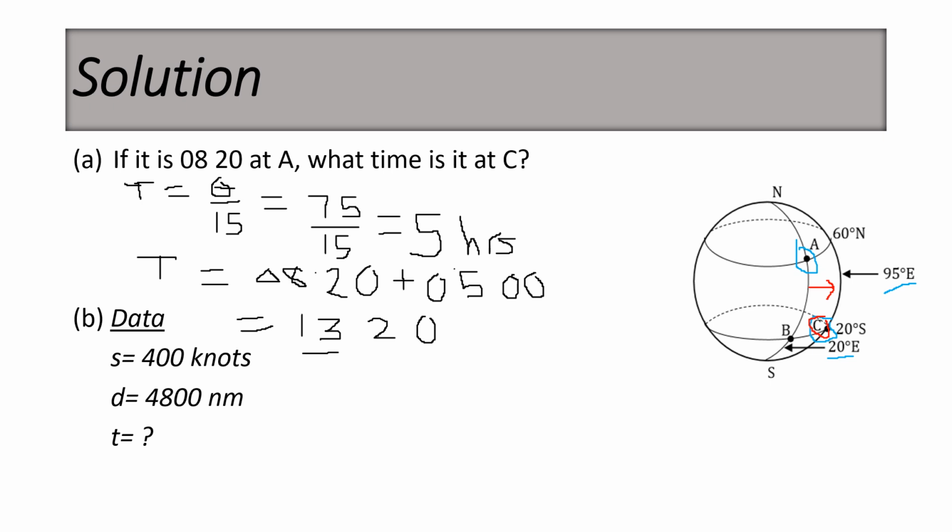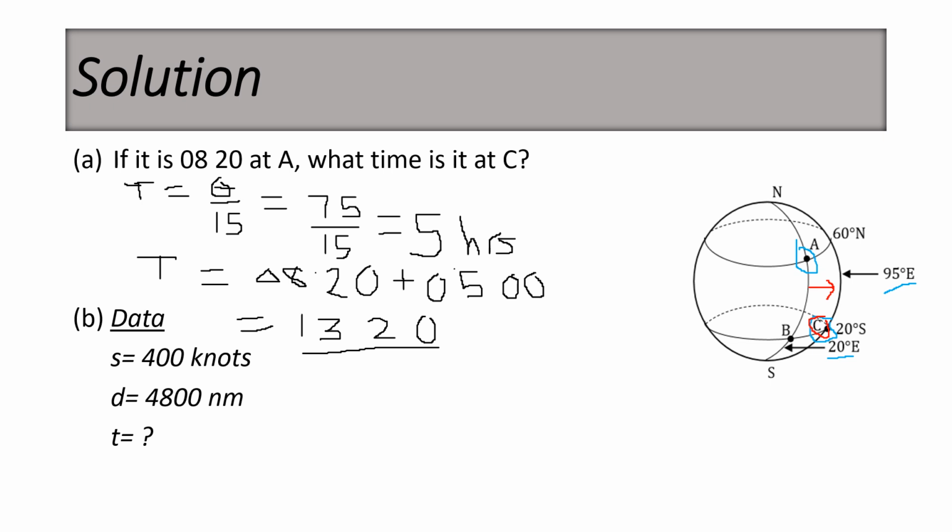So that's the time at C. If it is 0820 at A, then at C it will be 1320. Now let's move on to the next question.